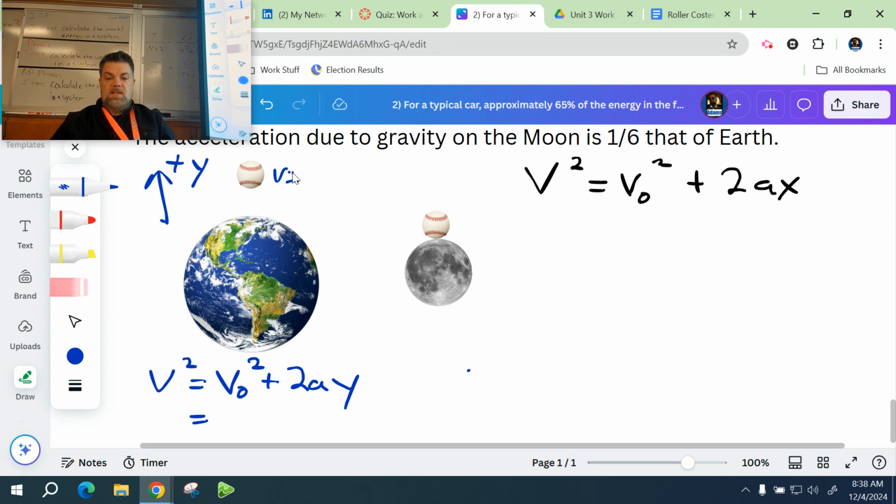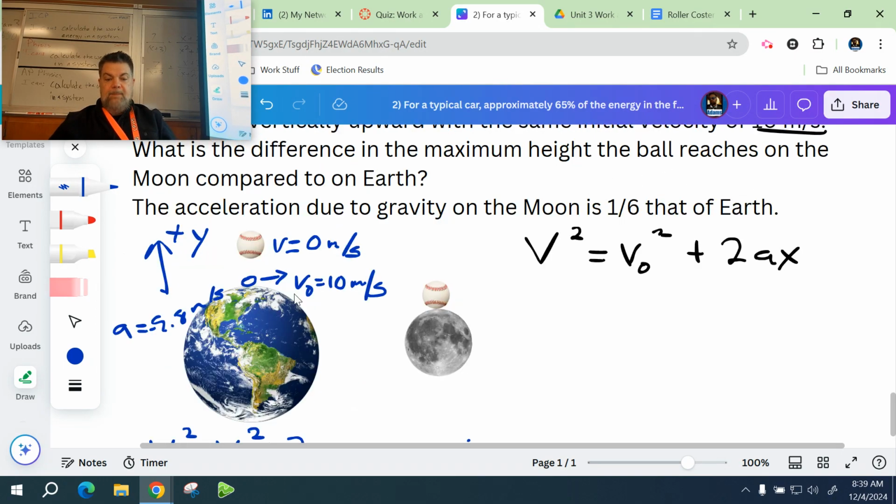Well, the velocity is equal to 0 at the maximum height. When the ball is down here, we know that the initial velocity is 10 meters per second. And we know that the acceleration due to gravity is equal to 9.8 meters per second squared in the negative direction.